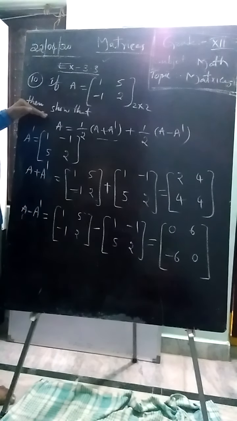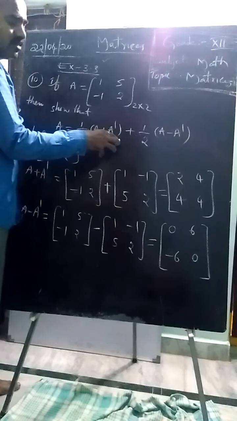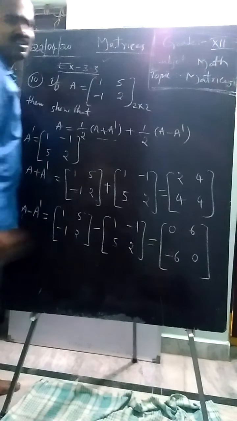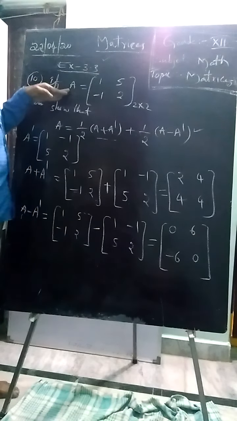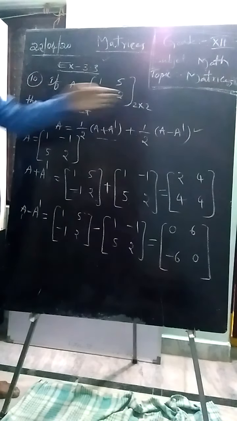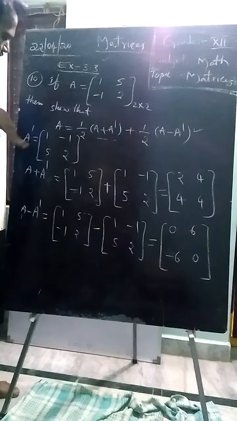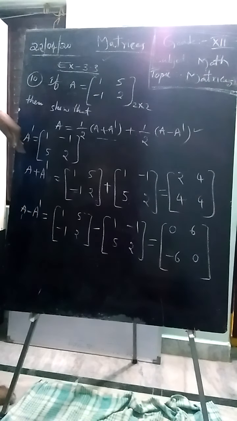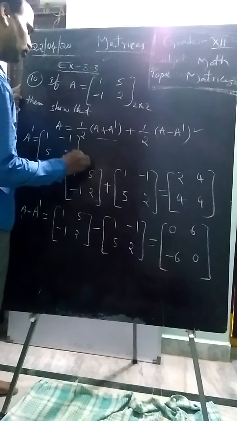So let us check, or we have to show, that we can write any square matrix as a sum of its symmetric and skew symmetric matrix. Now when matrix A is given, which is of 2 by 2 order, defined as 1 5 minus 1 2, then its transpose A transpose will be 1 minus 1, 5 2, I mean rows become columns. So it is also a square matrix.